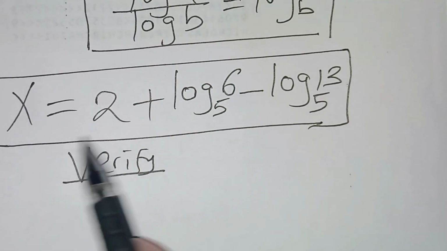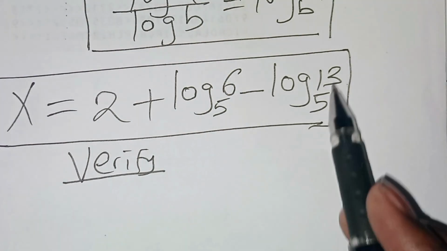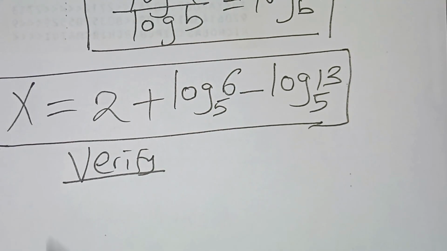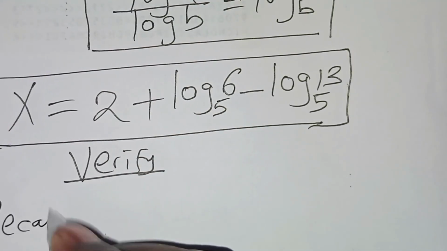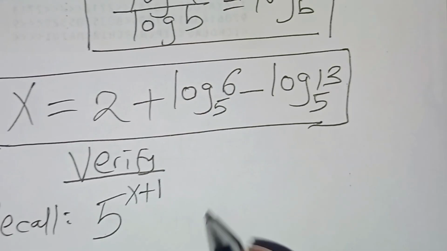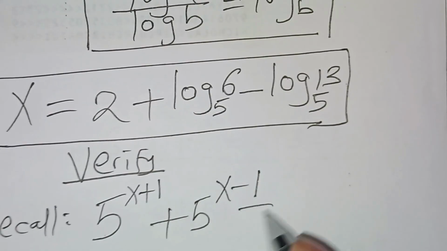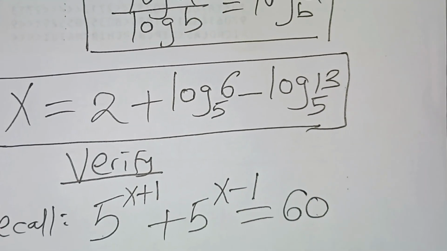Let's verify that x, which is equal to 2 plus log 6 to base 5 subtract log 13 to base 5, satisfies the equation. If you recall, we have 5 to power x plus 1 plus 5 to power x subtract 1, which should give us a value of 60.